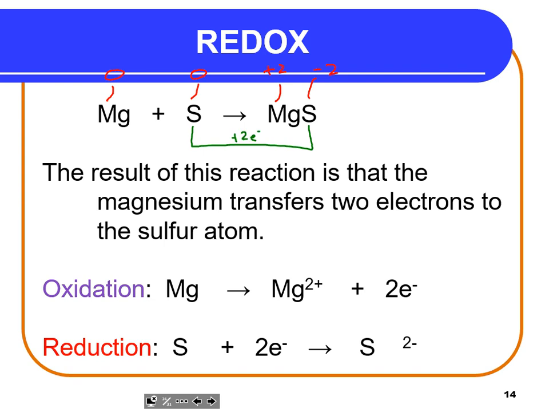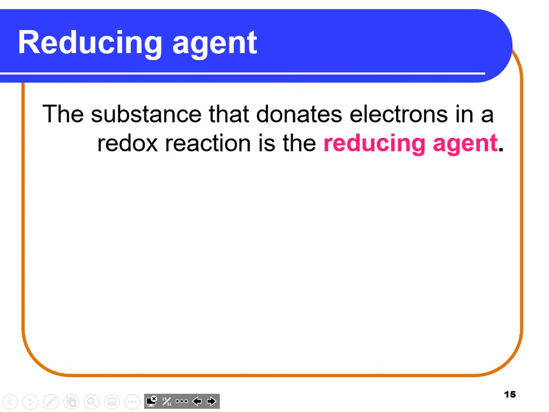Because now it went from a 0 to a -2. Okay? Gain electrons is reduction. If I look at magnesium, magnesium went from 0 to +2. So it must have lost 2 electrons. Lose electrons, oxidation. Okay? So there we see with our oxidation numbers, assigning them, how that can help us to distinguish between an oxidation and a reduction reaction.